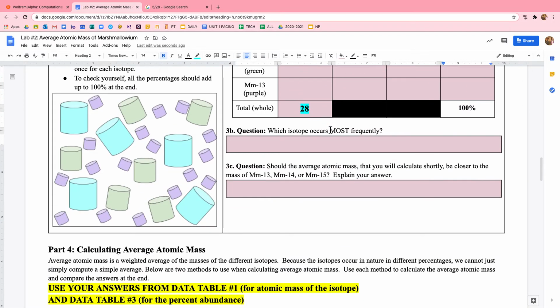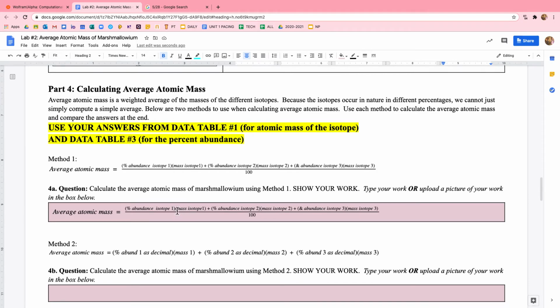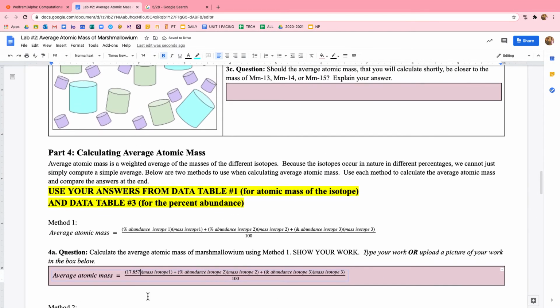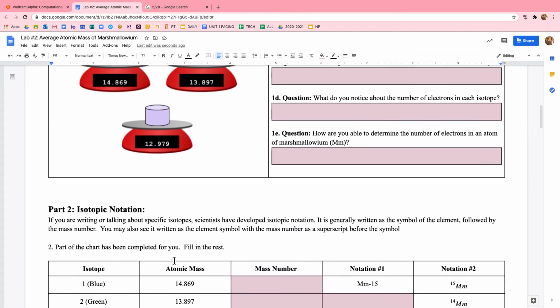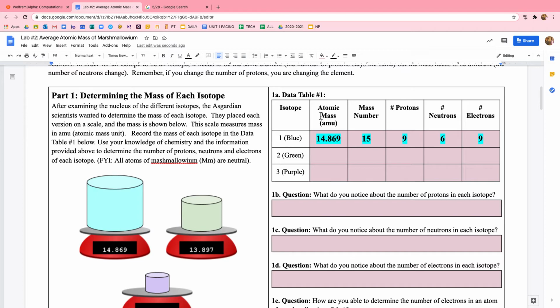Copy that, and I'm going to put it where it has the percent abundance for the isotope. Okay, and the mass of the isotope, I'm going to go all the way back up here. Right, and I'm going to take my mass, my atomic mass. Copy that.